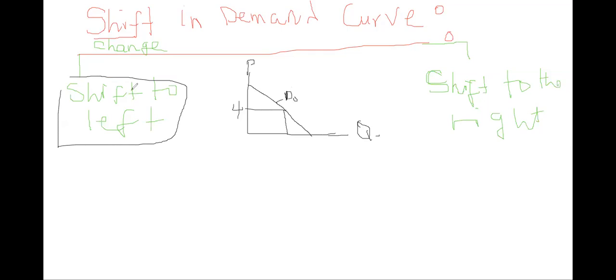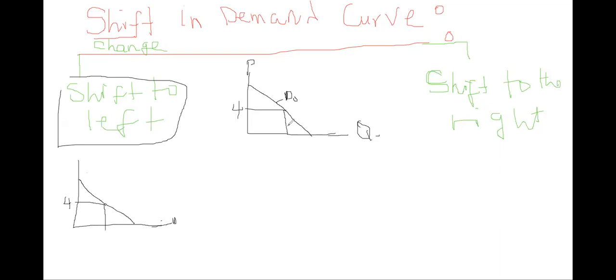So let's say that something happened and it shifts the demand to the left. Remember, we are using this as a reference point. Originally we have something like this, and the price was 4.